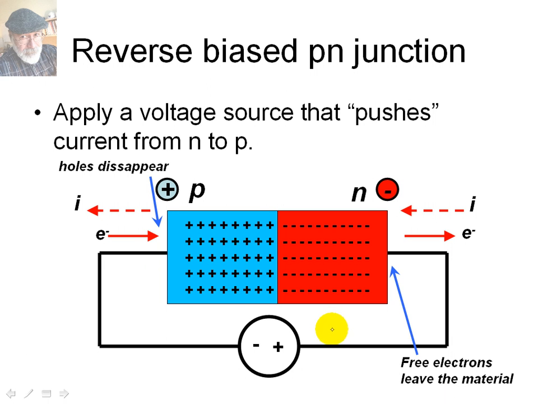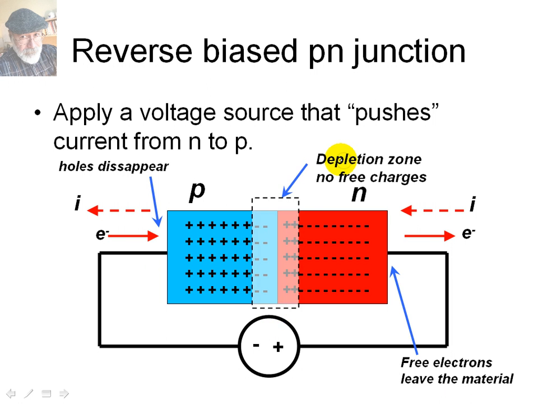When they do that, what they're doing is uncovering some of the fixed charges near the junction, creating a region that is depleted of free charges. So there are no carriers in this zone, and there is a region that has stationary charges, static charges in there.